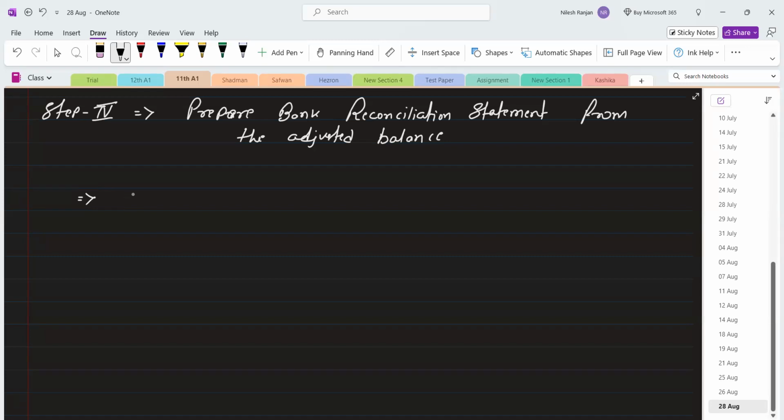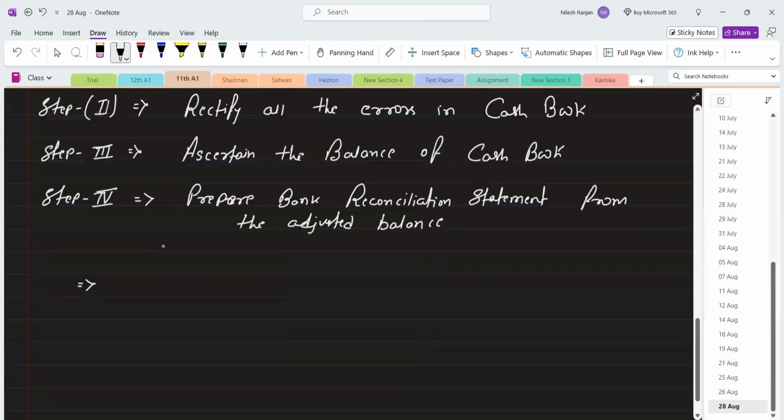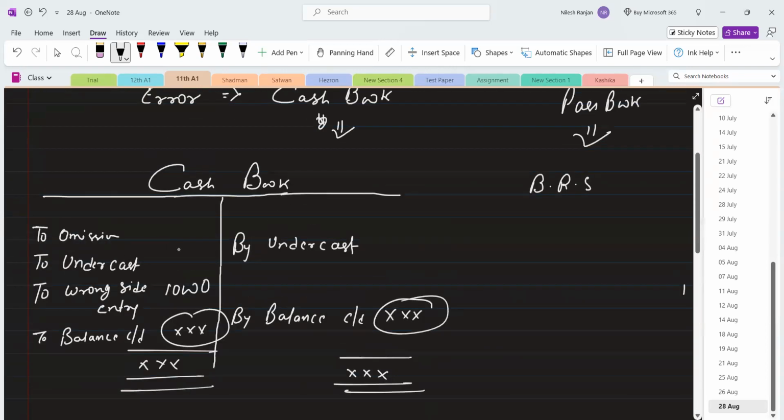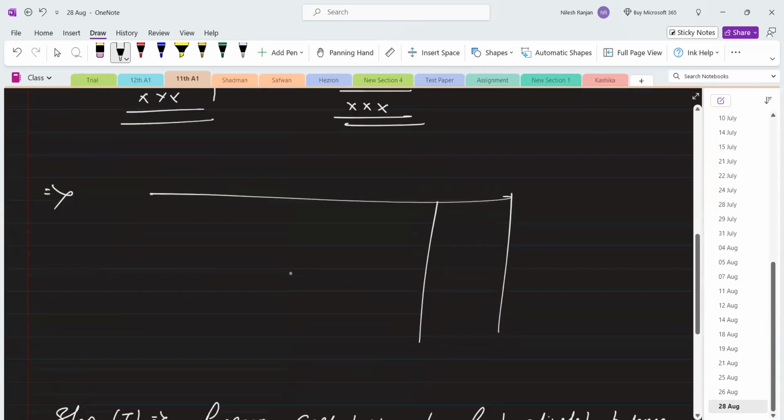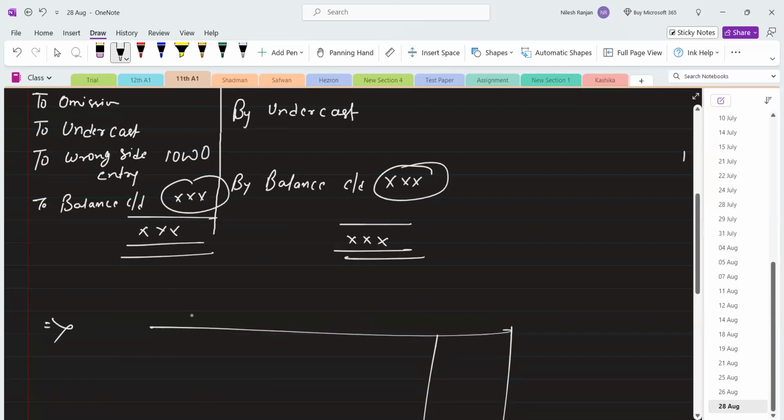So in cash book or bank reconciliation statement, where should it be written? I told you that we have to prepare two things in these types of question: one cash book, one bank reconciliation statement. So this item will be adjusted here or here, any one place. It cannot go in both of the places.